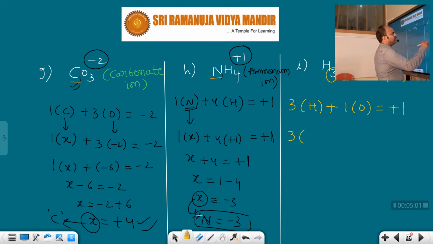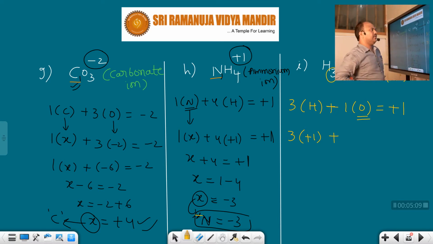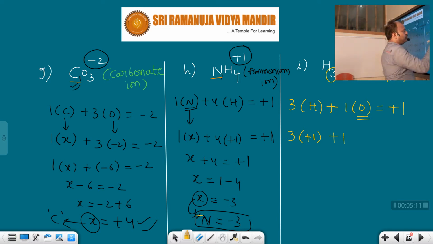Generally hydrogen exhibits the oxidation number +1. We don't know the oxidation number of oxygen because we have to find it in the hydronium ion. We have to calculate the oxidation number of oxygen, so say X.